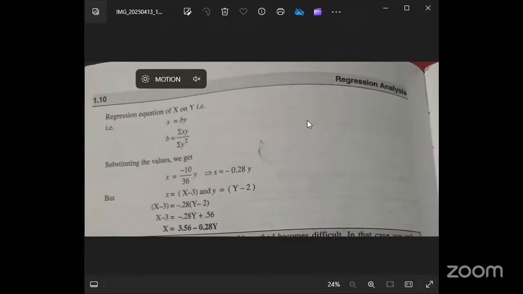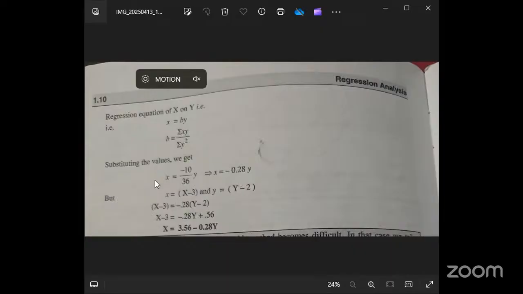We know sigma xy is minus 10, and sigma y square is 36. In the next step, we substitute these values. If we simplify, minus 10 by 36, we get 0 minus 0.28.